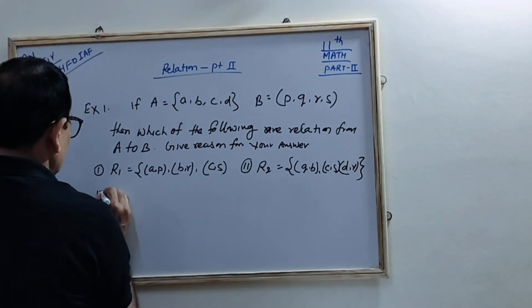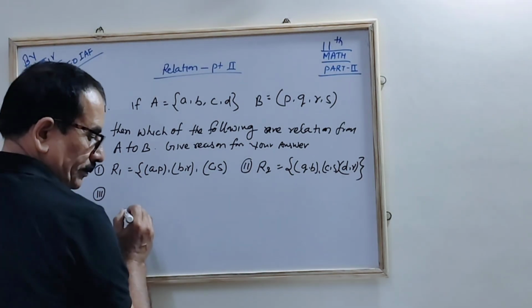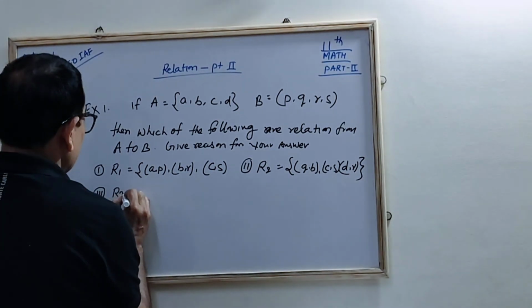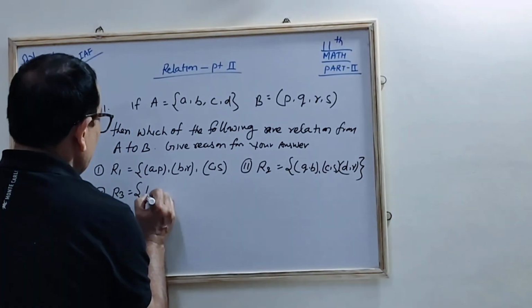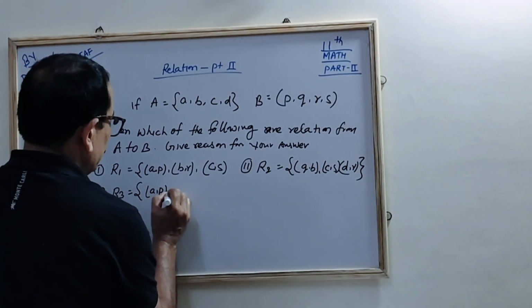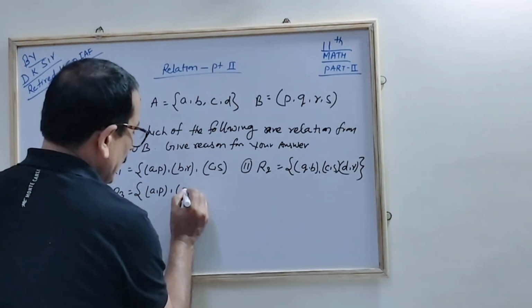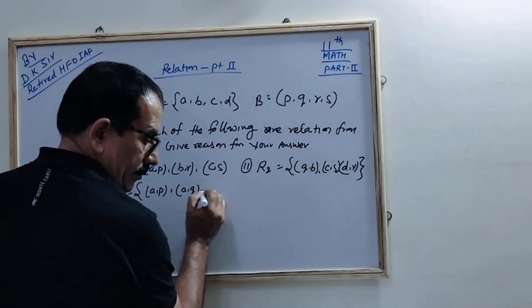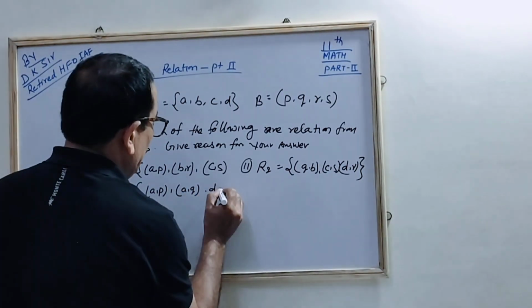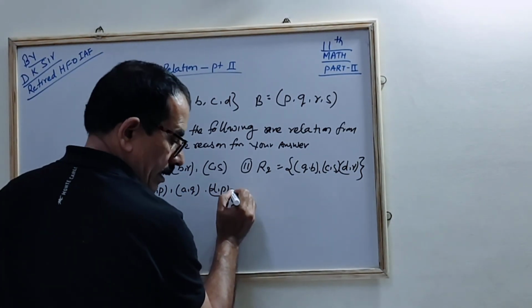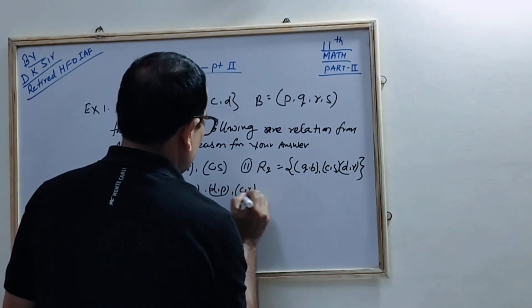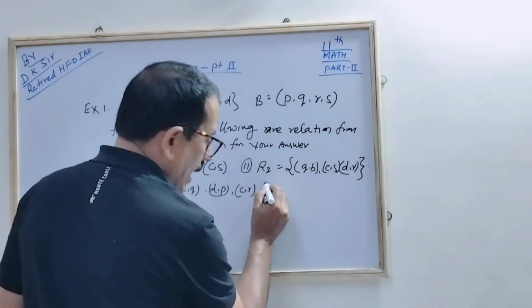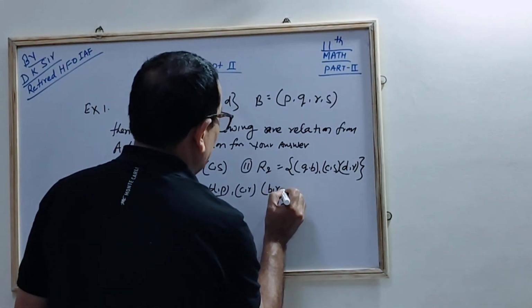The third relation they have given is R3, with elements (a, p), (a, q), (d, p), (c, r), and (b, r).